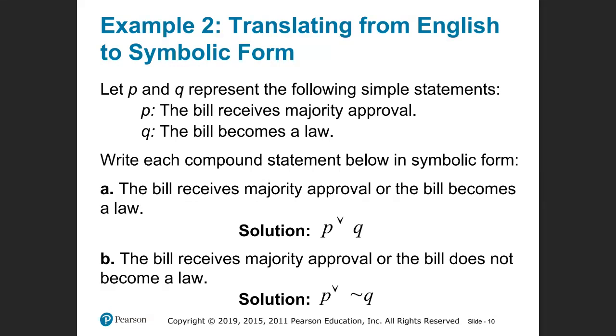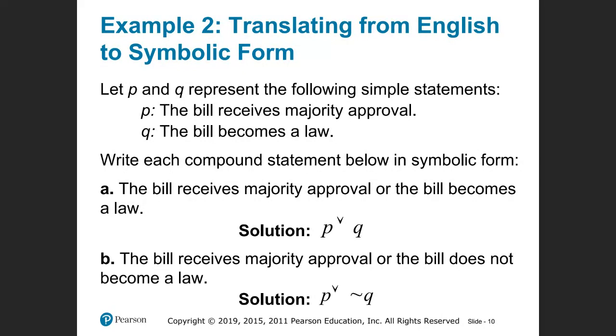Example 2, translating from English to symbolic form. We're going to have two different P's and Q's this time. P is the bill receives majority approval, and Q is the bill becomes a law. So for A, we're going to write in symbolic form the bill receives majority approval or the bill becomes a law.